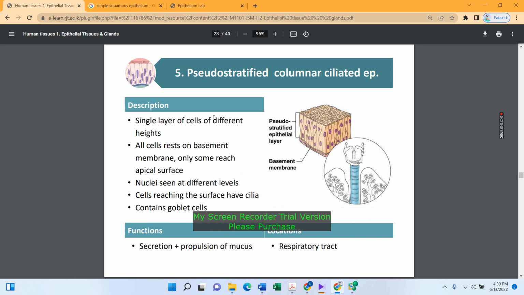What's found in the respiratory tract is pseudostratified columnar ciliated epithelium. So it's also ciliated epithelium, but it's pseudostratified. Their function is secretion plus propulsion of mucus.